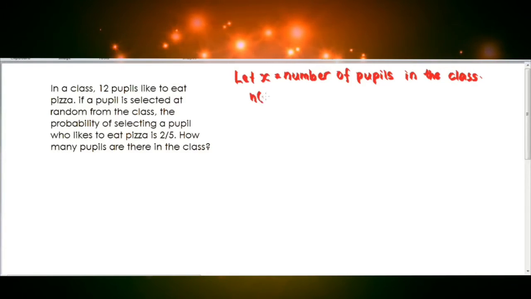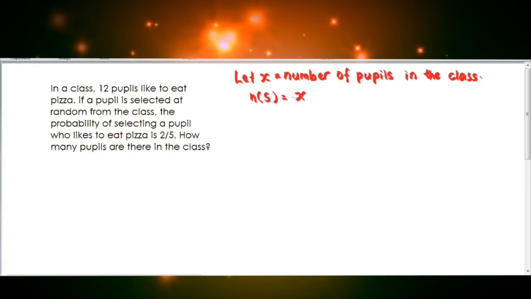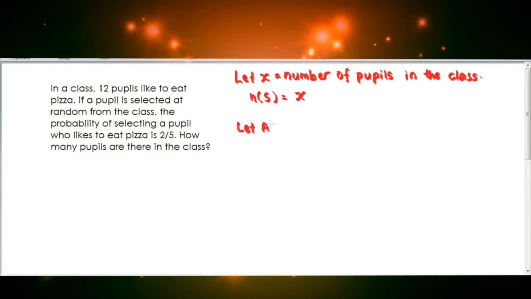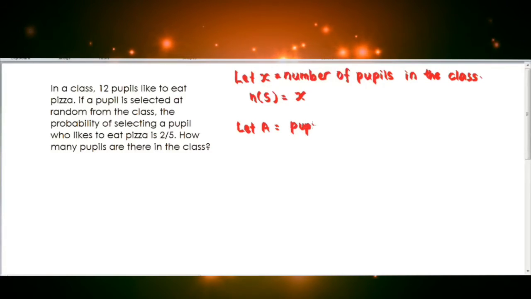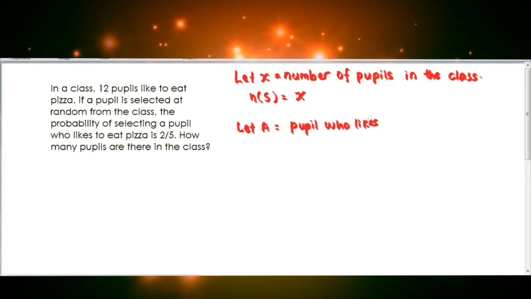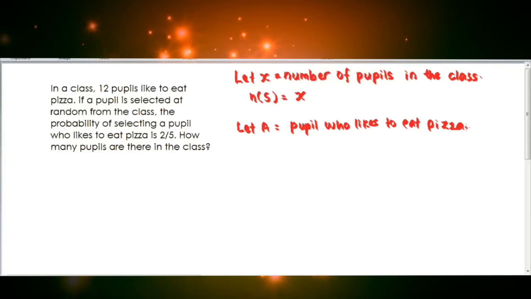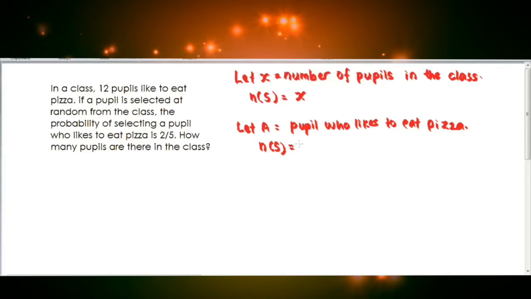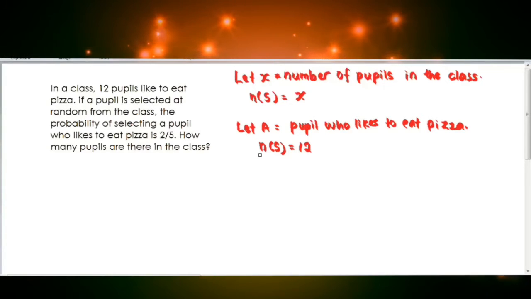So the number of my sample space, which I say is the total, equals X. Now I need to find probability A. Let A be the event of a pupil who likes to eat pizza. We know the number of my events, those who like to eat pizza, is 12. Yes, 12. This should be my event.